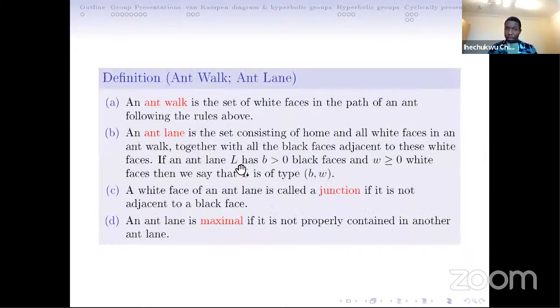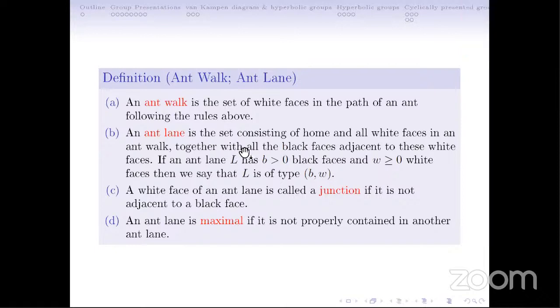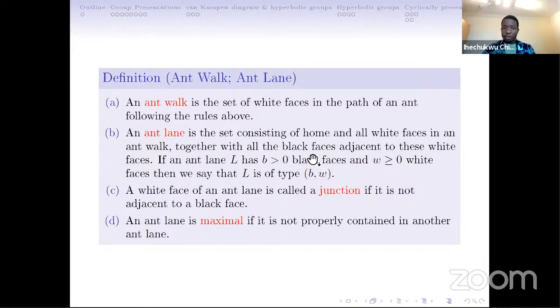And this is a definition. Let's do a formal definition. An ant walk is a set of white faces in the path of an ant following the rules that I just described. An ant lane, on the other hand, is a set consisting of home and all the white faces in the ant walk, together with all the black faces adjacent to these white faces.